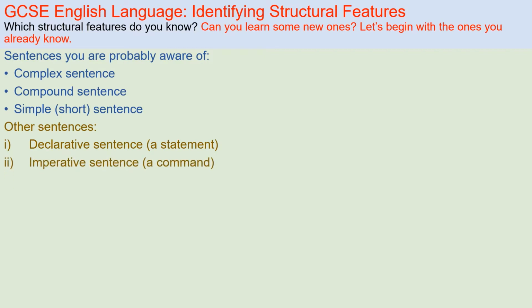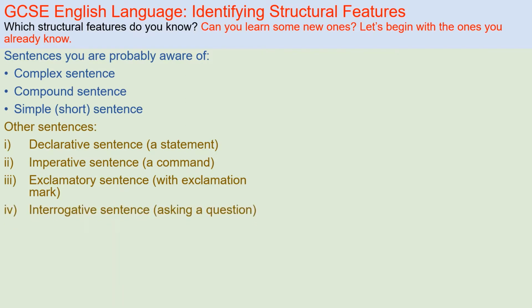Another sentence is imperative sentence, which is a command. The next one is exclamatory sentence, and that sentence would have an exclamation mark. Then interrogative sentences. It's just asking a question. It's not the same as rhetorical question.